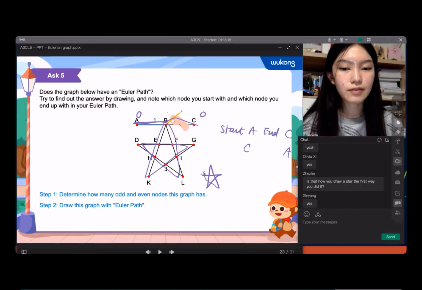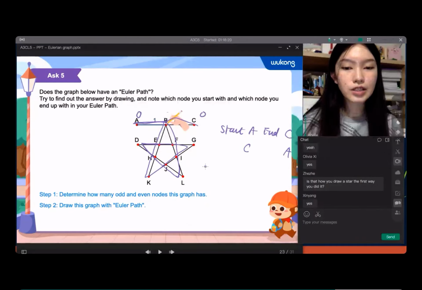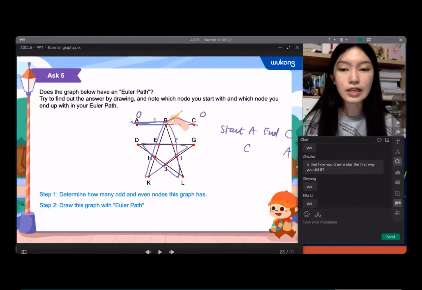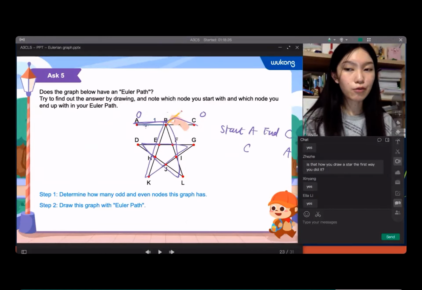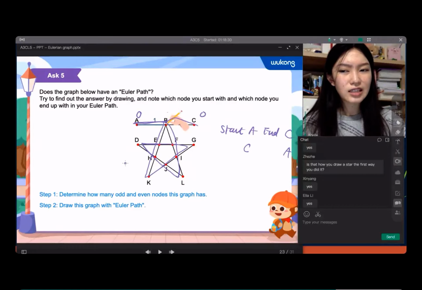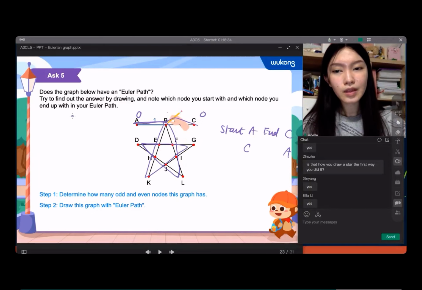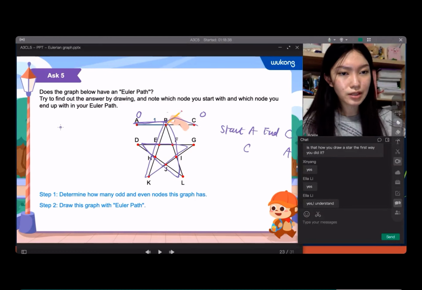So like that, okay? But also, I just want to emphasize what we said before about the graph with no odd nodes in it. You remember how we said if there's no odd nodes at all, it has to loop back to it, right? But when we do have the odd nodes, it means that we don't have to go back to it because we can keep the number of edges connecting to it an odd number, right?